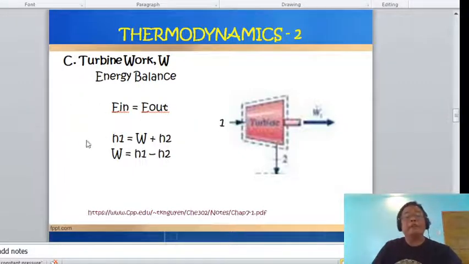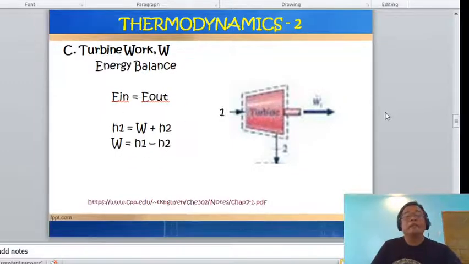And then after getting s sub 2, equate it with sf2 plus x sfg at 2, and then get the value of x. And then substitute, h sub 2 is equal to hf2 plus x, where that x is the value obtained from the entropy, and then multiply it by hfg at 2. Okay? So, very clear, class.